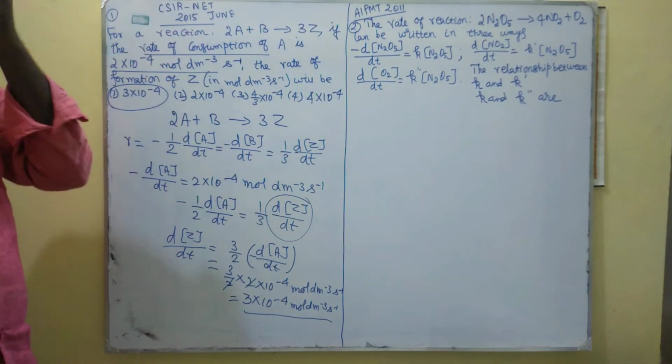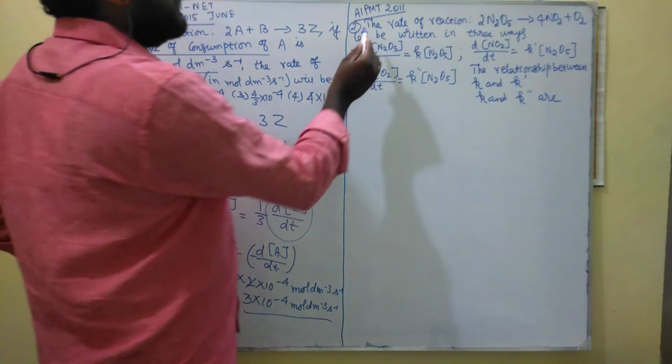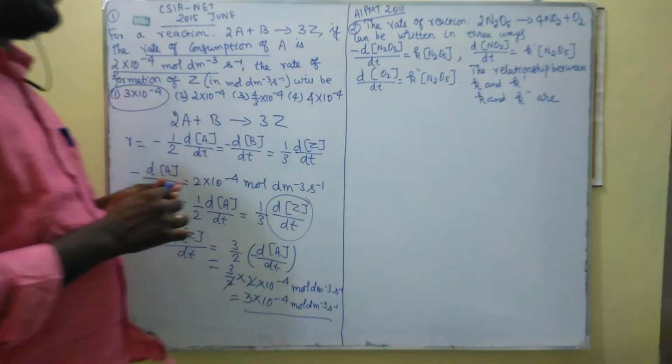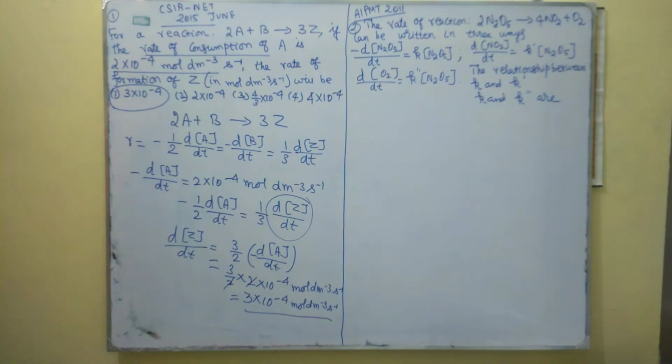Right. The next question, AIPMT 2011 question. The reaction 2N2O5 gives 4NO2 plus O2. So the reaction is given.